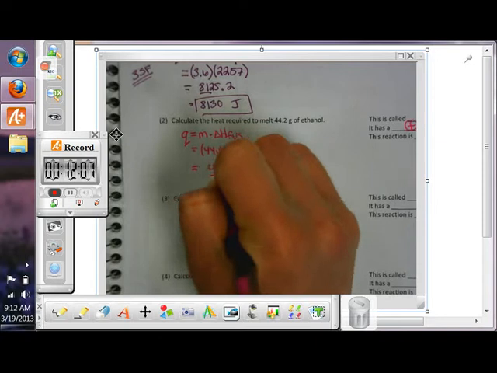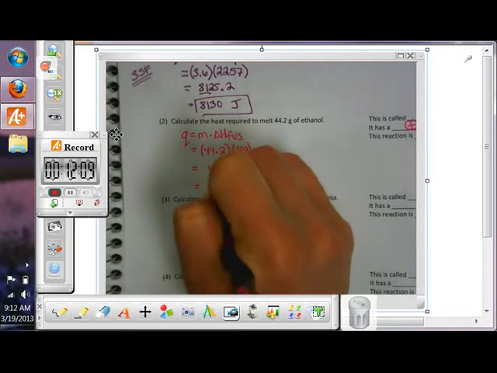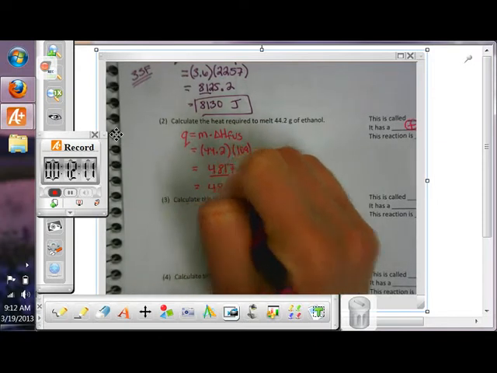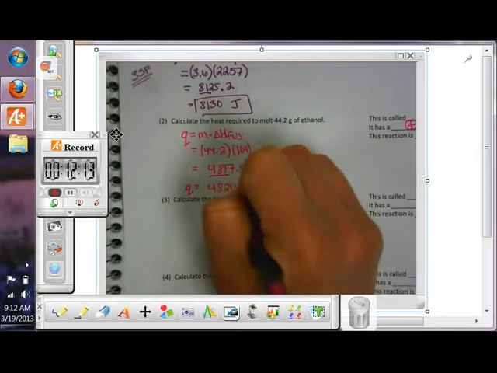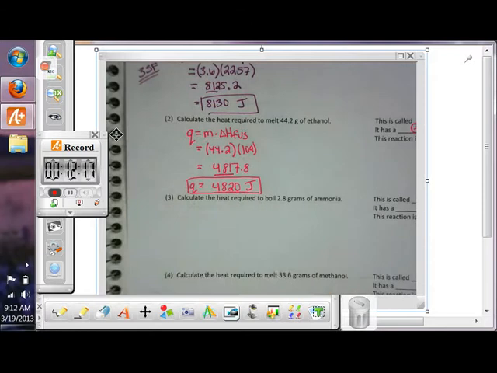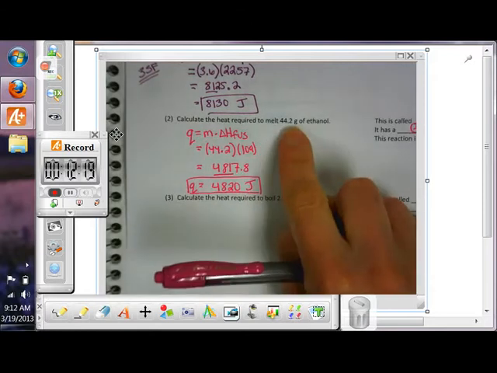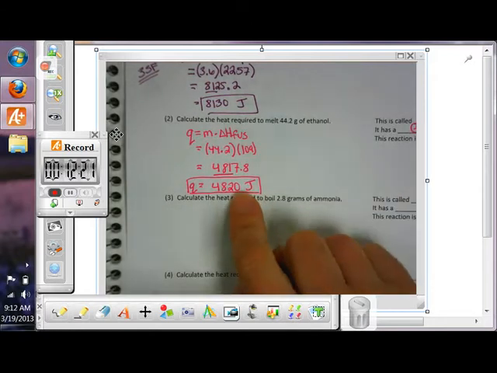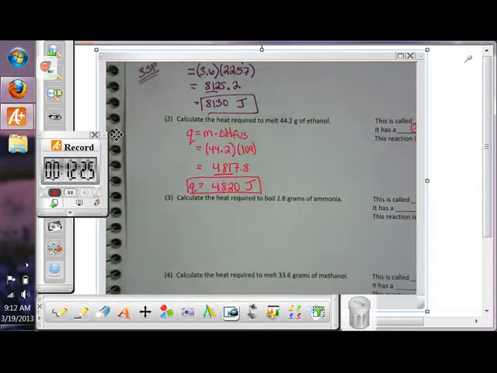I'm telling you just to give you 3 sig figs. So it's going to give me 4820 joules. So in order to melt that many grams of ethanol, I have to add that much heat energy. Okay? So, yeah, I guess that's it.